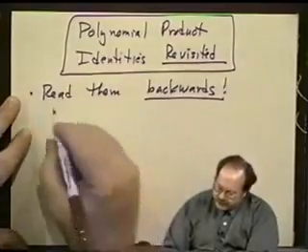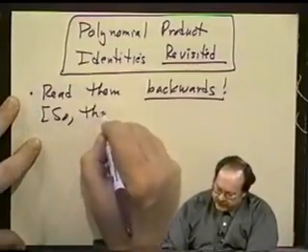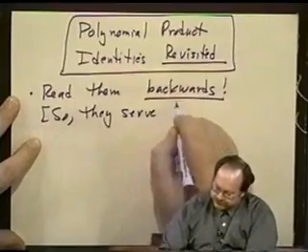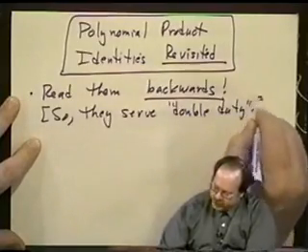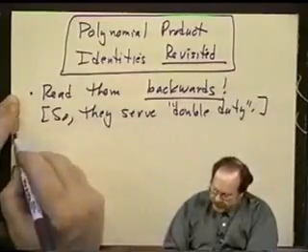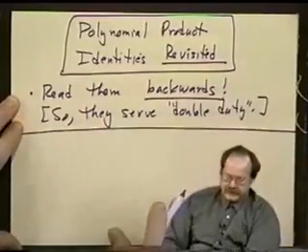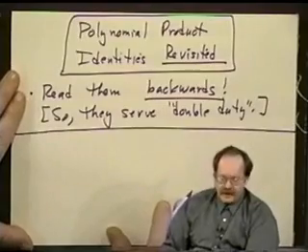If you read something backwards, they serve double duty, depending on which way you read them. So, for example, let me indicate that there are 2 directions going on here.